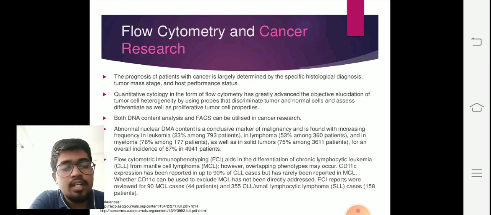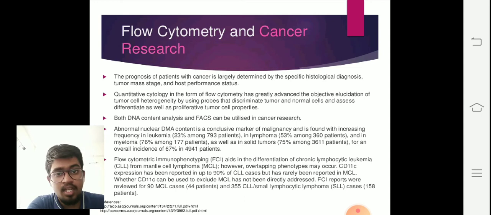Sorry, I have to correct it. As well as in solid tumors, it is 75%, 3611 patients, for an overall incidence of 67% in 4941 patients, around 5000 patients. So you could see how this abnormal nuclear DNA content is working as a marker in analyzing the frequency of various kinds of cancers.